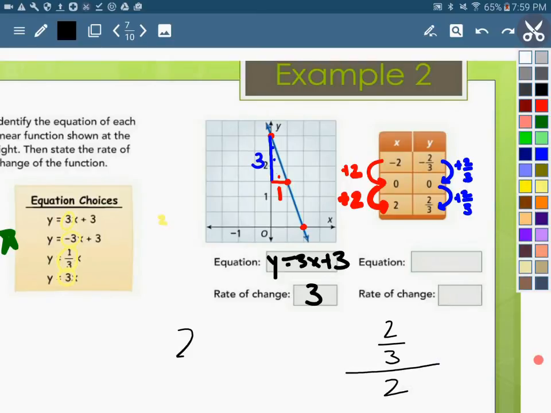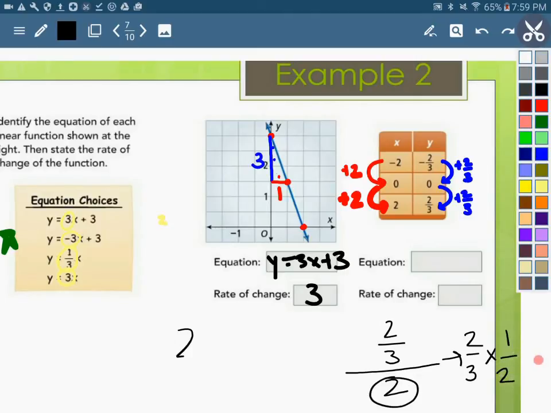So now we have to recall some fraction operations. So I'm going to write this a little bit different. Instead of dividing the fraction, you can change this into multiplication. So what is 2/3 times the reciprocal of 2, which is 1/2?